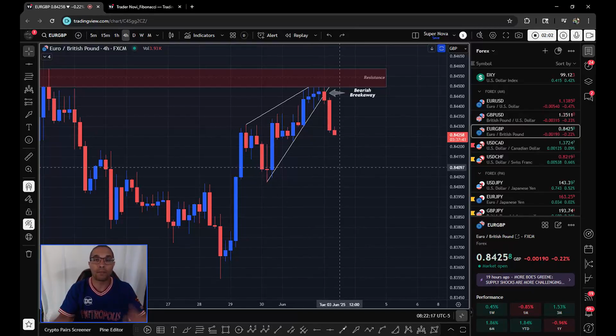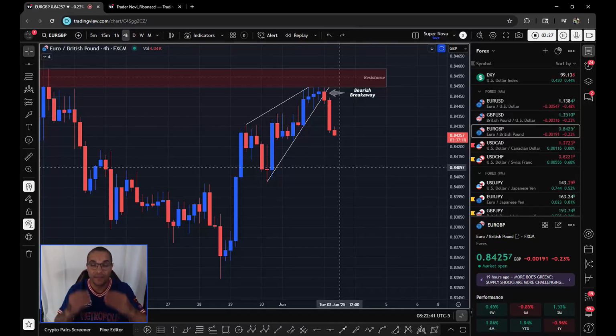What a bearish breakaway candlestick pattern consists of is one large bullish candle followed by 3 smaller inner bars, or inner candles. The close and the open of these inner bars must be at or higher than the previous inner bar, okay?